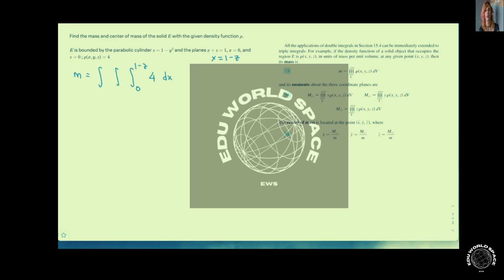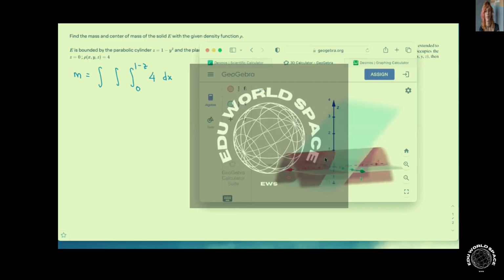Okay, once we have done the x variable, we can switch onto the yz plane. On the yz plane, we can see that z is going from 0 until it hits the parabola 1 minus y squared. Then y is going from -1 to 1.